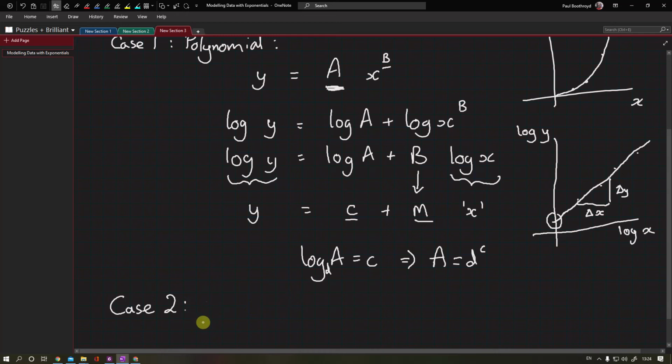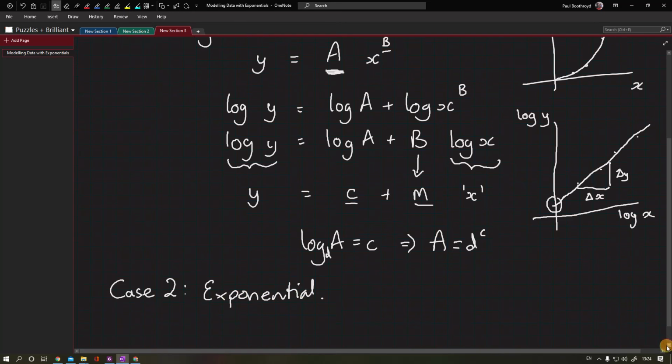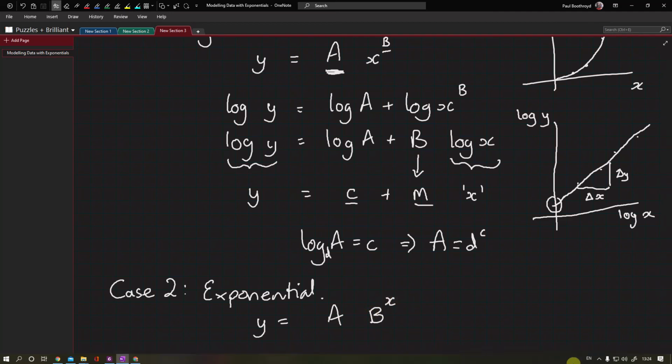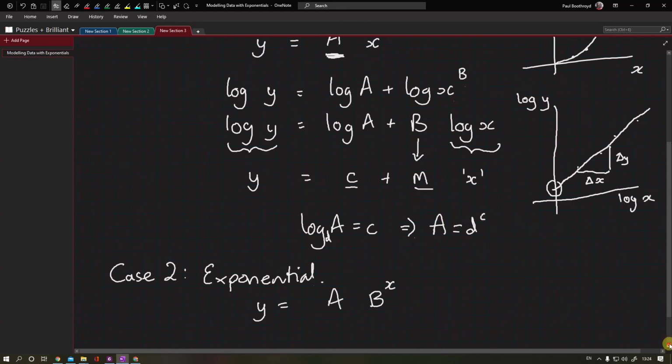Case 2 is an exponential graph. What you'll find is you're trying to match a graph y equals a b to the x, and that b value, again, is a number to be worked out.